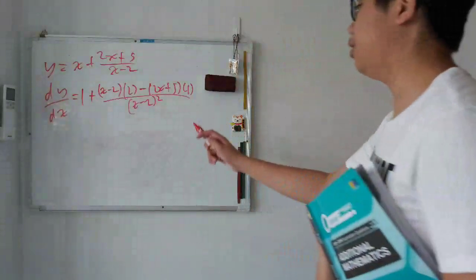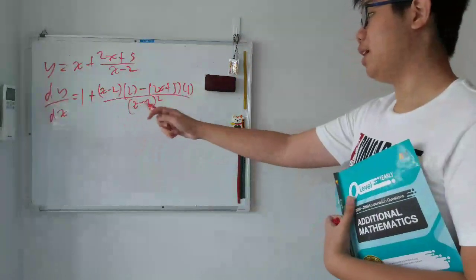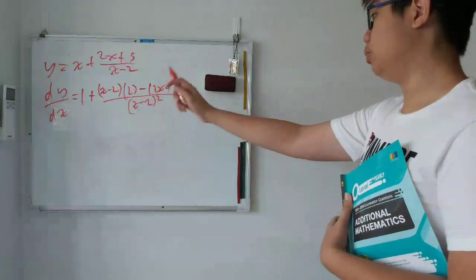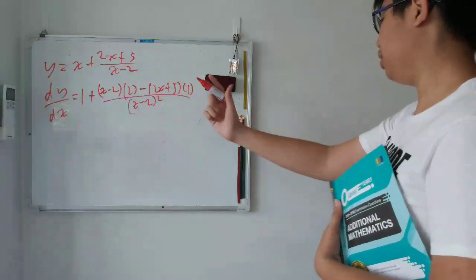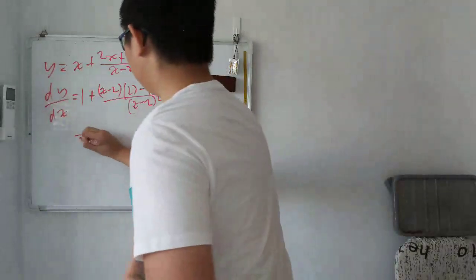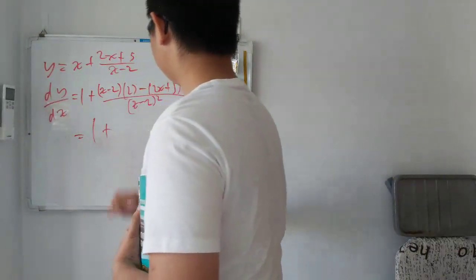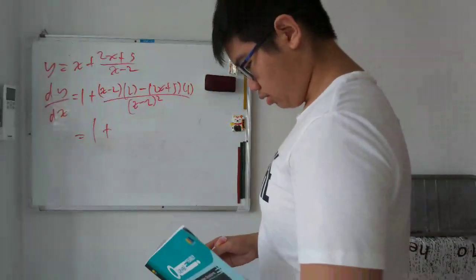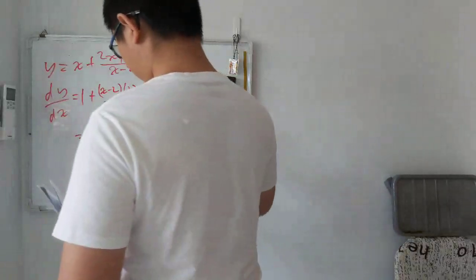Hopefully you guys can see that. I'll say it again. dy dx is 1 plus x minus 2 times 2 minus 2x plus 5 times 1 all over x minus 2 squared.